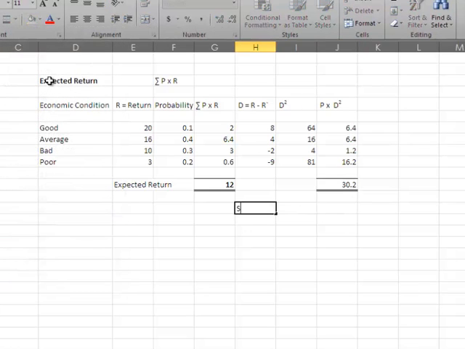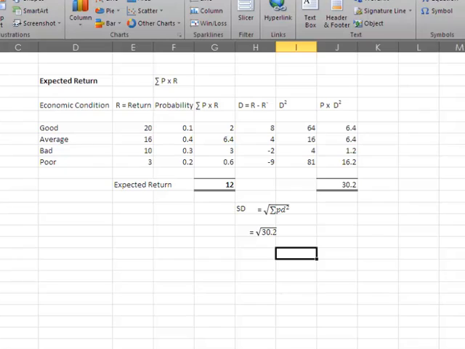We all know that the formula for standard deviation is equal to square root of sigma PD square. Here the value of sigma PD square is 30.2, so standard deviation is equal to square root of 30.2, which is 5.49 percentage.